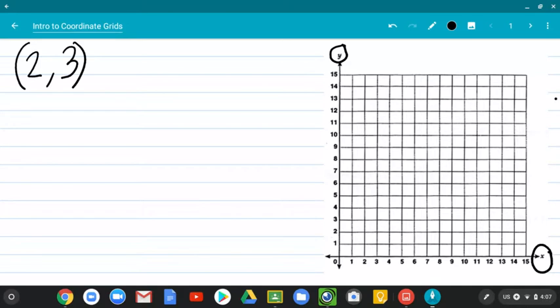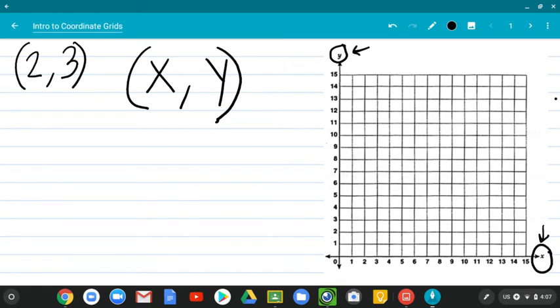So you see a normal coordinate grid point as (x, y). We talked earlier just a minute ago about the x-axis. That's going to be your first point. And then the y-axis is your second point. A couple ways to remember this. Do a little star for you.